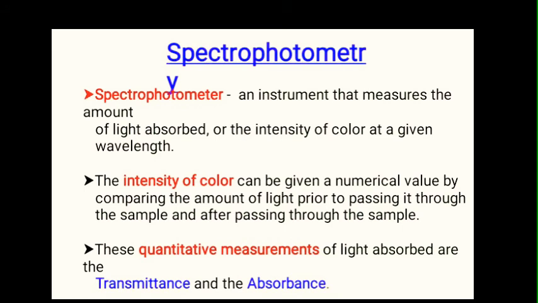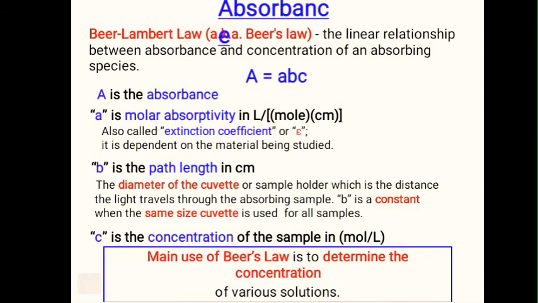What is absorbance? Beer-Lambert's law, also called Beer's law, is the linear relationship between absorption and concentration of an absorbing compound, that is, capital A is equal to abc.